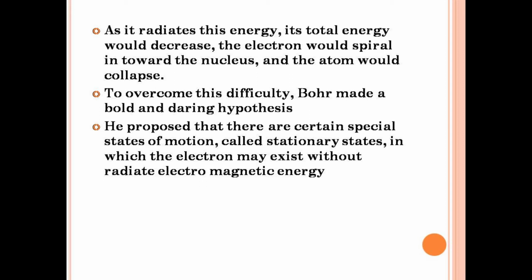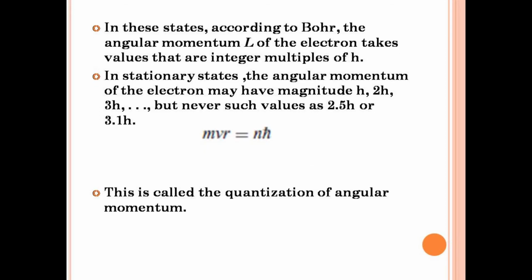He proposed that there are certain special states of motion, called stationary states, in which the electron may exist without radiating electromagnetic energy. So we discuss the energy states or stationary states.